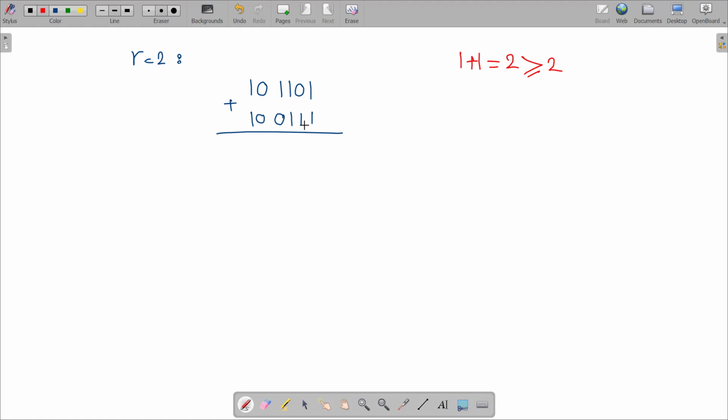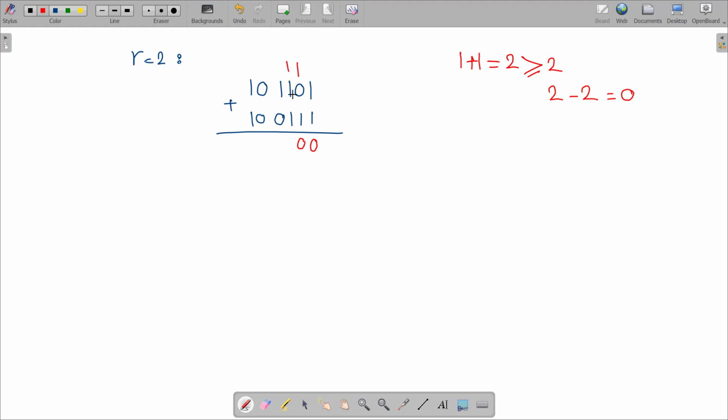What should I do? I have to do 2 minus 2, which is equal to 0. Write 0 here and 1 here, like the algorithm that we talked about. Now again, 1 plus 0 is 1, plus 1 again is 2. 2 is greater than or equal to 2.